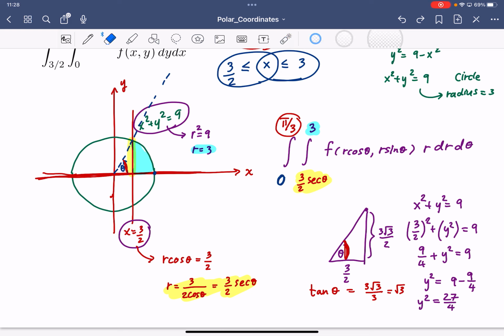Oh, I did it too fast. So it should be 3 square root 3 over 2 over 3 over 2, so it's cancelled out already. Yeah, I did it too fast. But actually you just do y over x and then you cancel, and then you're gonna get that angle. Okay. So you get this one.